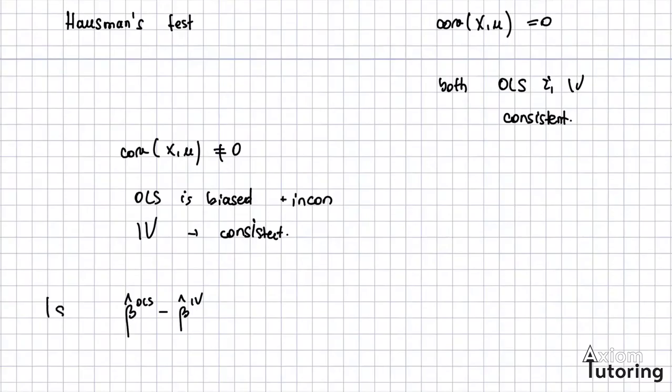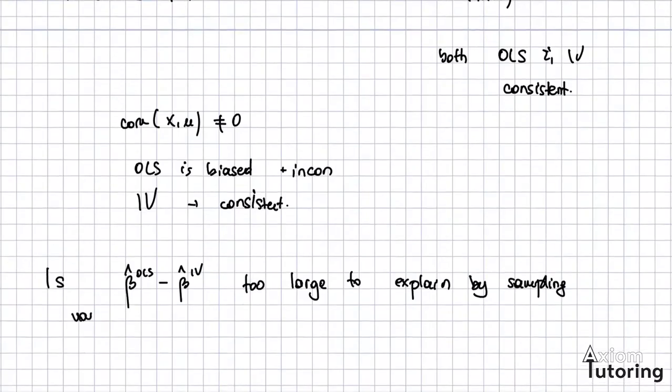Okay, so is this difference too large to explain by sampling variation alone? And it's a nice diagnostic idea because you're using the difference between two estimators to detect a problem, endogeneity, that is otherwise completely unobservable in the data.